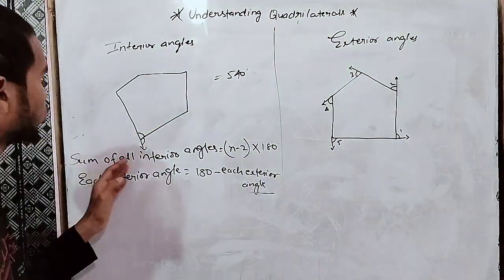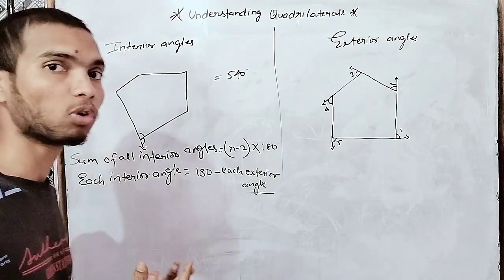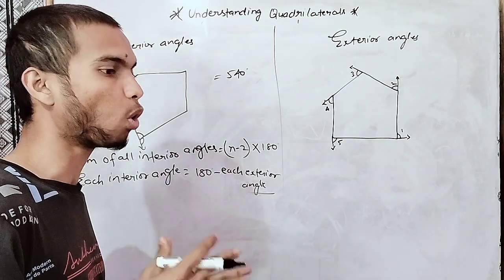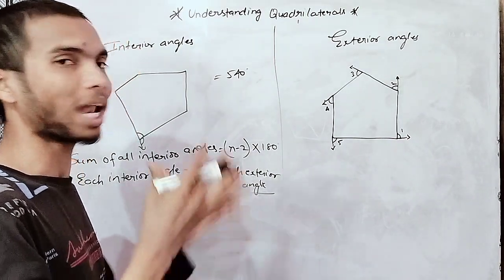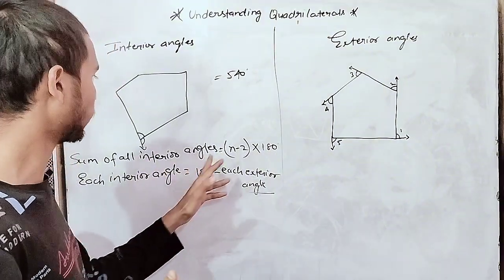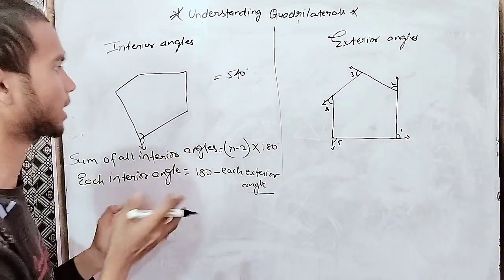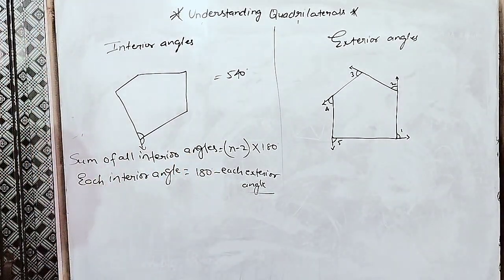We saw that to find the value of all angles of an interior polygon, we need to apply the formula n minus 2 multiplied by 180 degrees.